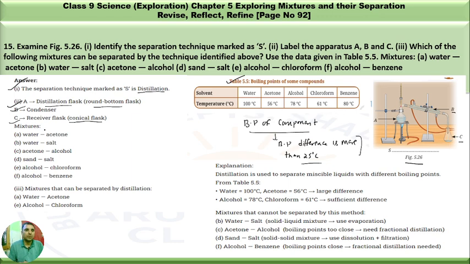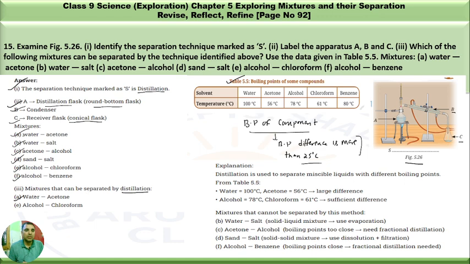The mixtures we are having are water and acetone, second is water and salt, third is acetone and alcohol, fourth is sand and salt, fifth is alcohol and chloroform, and sixth is alcohol and benzene. So which mixtures are applicable here by distillation? Here it is water and acetone.